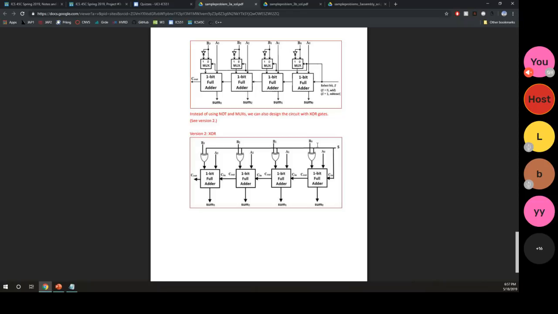Cool. So everyone kind of understands the question, maybe. When Cn is 0, it's an addition. Yeah.